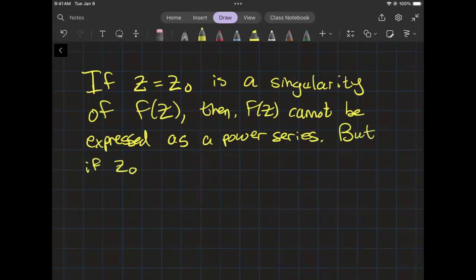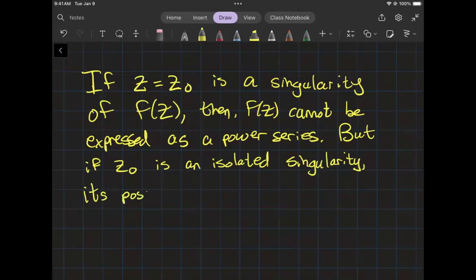but if z naught is an isolated singularity, it's possible to represent f(z) as a power series.